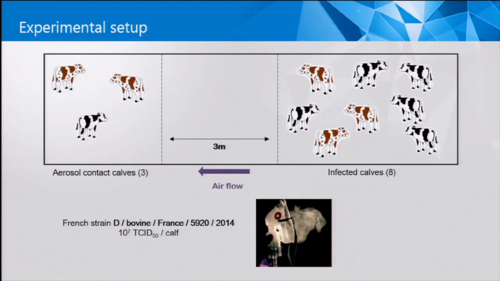In our study, we infected a group of 8 calves with a French strain of IDV with a load of 10 to the 7th TCID50 per calf.